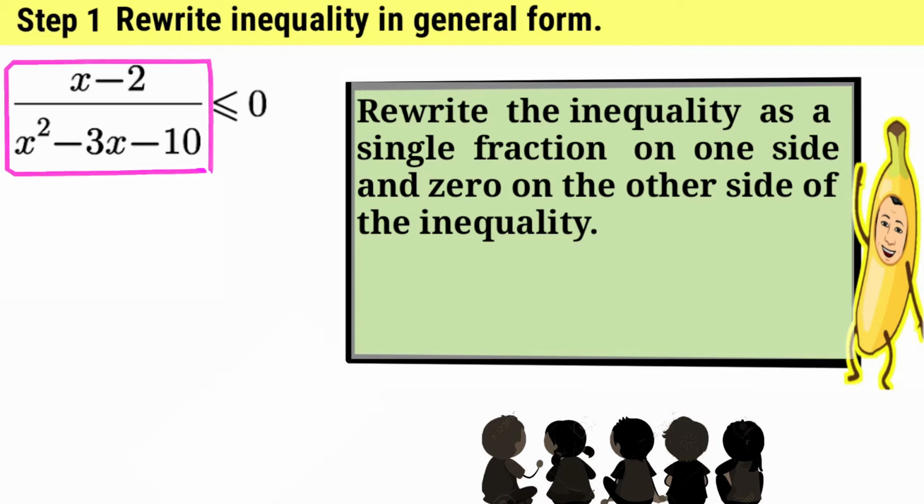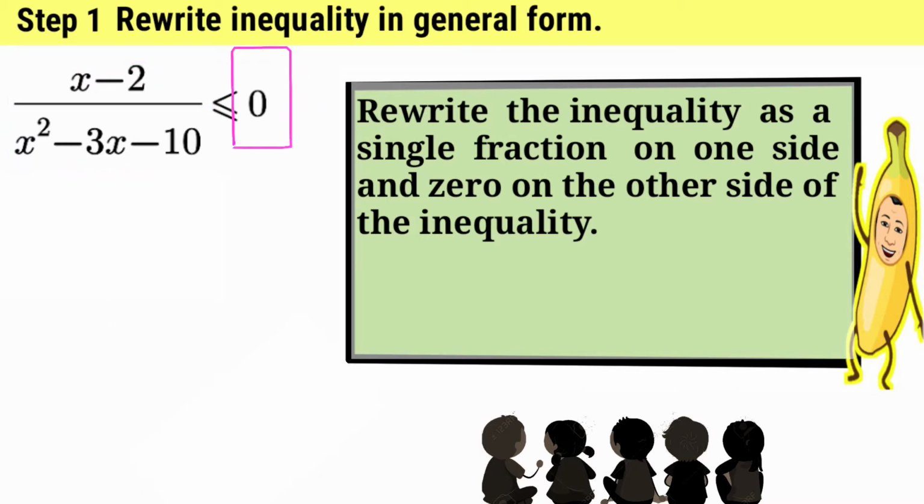By the way, a single fraction is of this form, a over b, where a and b are polynomials. The other side is already 0. Hence, we are now ready to proceed to the next step.